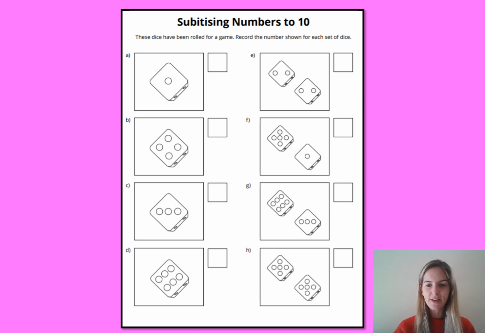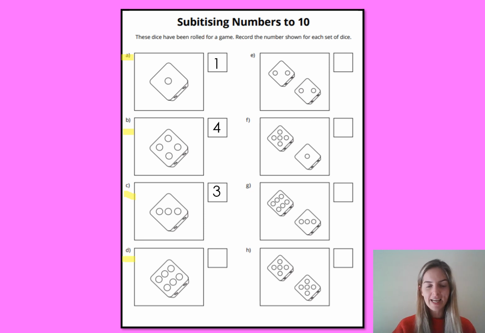Okay, so let's have a look at your answers. Now the first one we're going to look at is here, which is A. And on this dice we had 1. And on B we had 4. On C we had 3.